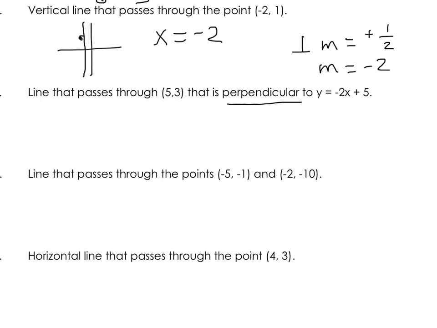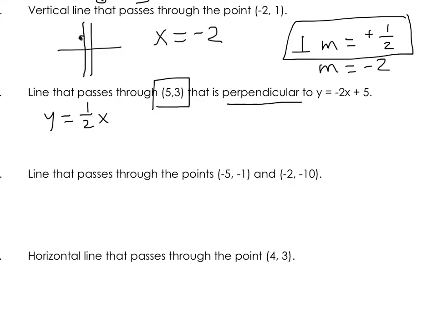We can use our point-slope formula if we want to, because we have a point and we have the slope. We can also just go back to our equation, y equals mx plus b, so it's 1/2 x plus b, and we can substitute the 5 and the 3 into the equation. So we have 3 equals 1/2 times 5 plus b.